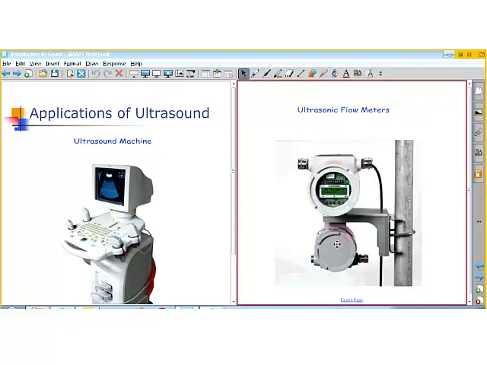That's how many pounds per minute or gallons per minute are flowing through a pipe. The advantage of an ultrasonic flow meter is you don't have to have anything inside the pipe. Actually, the pipe's right here. So you can determine how much flow is going through the pipe without cutting into the pipe or doing any kind of modification to the pipe. Okay, so that's kind of the introduction to sound.